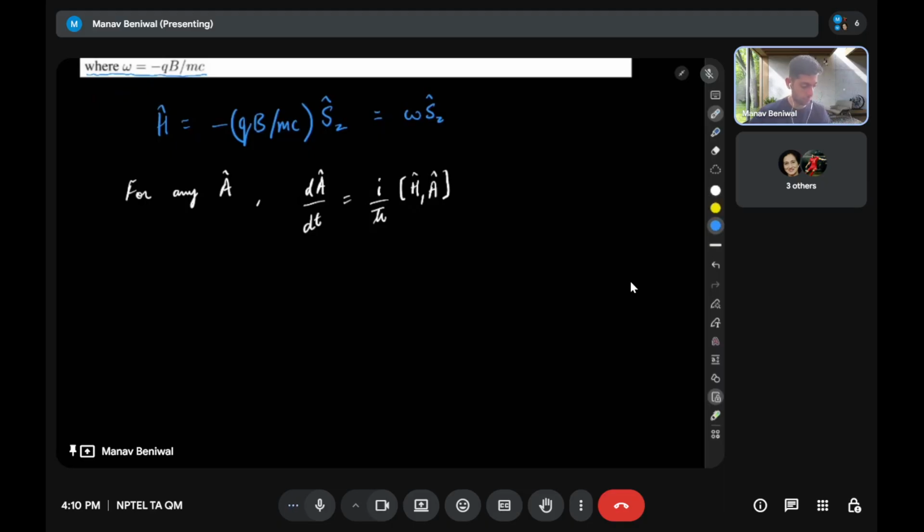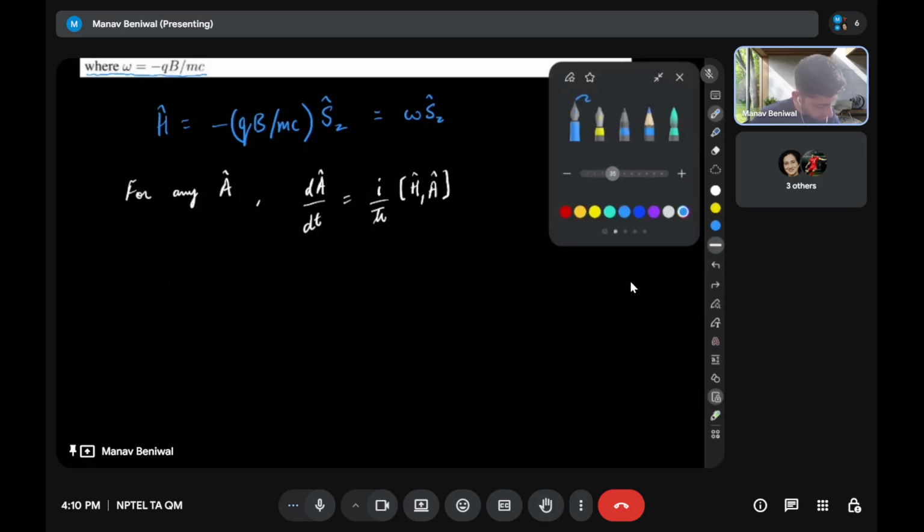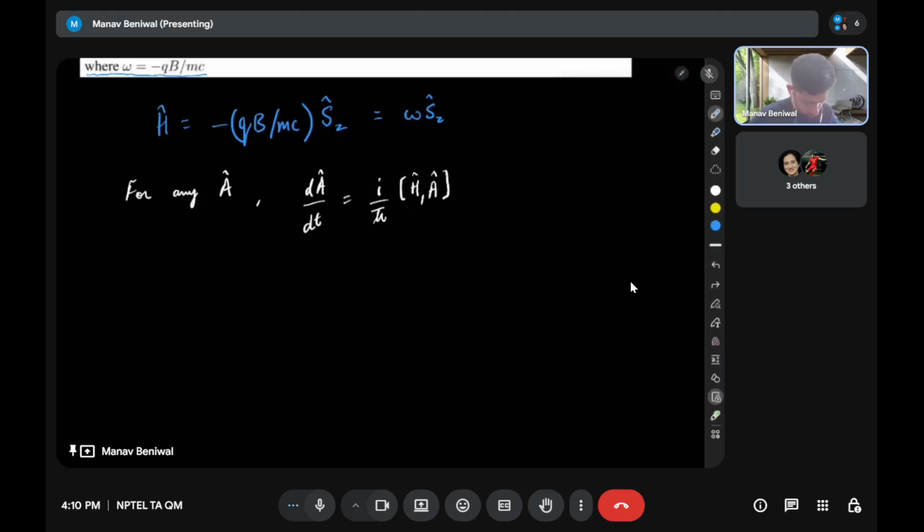So our equation becomes dS_x/dt equals i by h-cut. Instead of H we can write omega S_z, and instead of A we can write S_x.